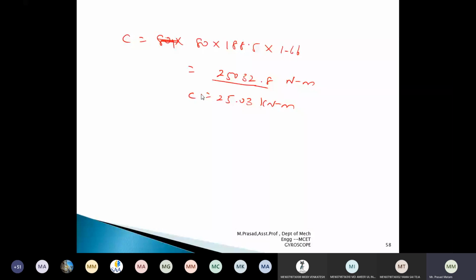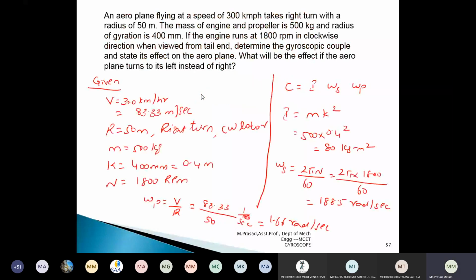So he is asking to give the gyroscopic effect. Read the problem here. Up to 50% we have completed. On the left side, we have the given data. Based on the given data, we have solved for the couple. He is asking to determine the gyroscopic couple and state its effect. Already we have determined the gyroscopic couple, and now we are going to find the stated effects.